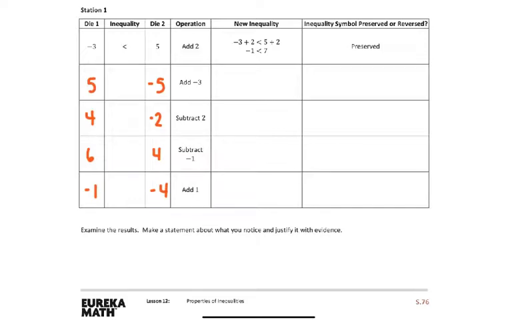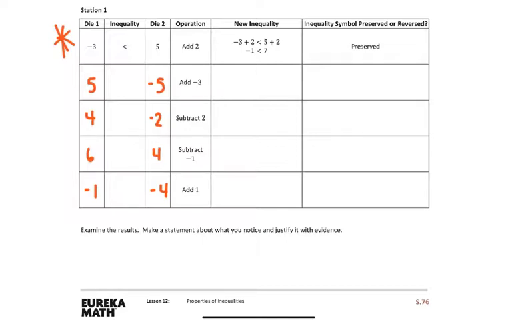With station number 1, what we are doing is either adding or subtracting numbers from both sides of our inequality. I didn't fill in my inequality symbol yet. Looking at this first row, it says -3 is less than 5, which is a true statement if we look at it on a number line. And they're asking us as our operation to add 2 to both sides.